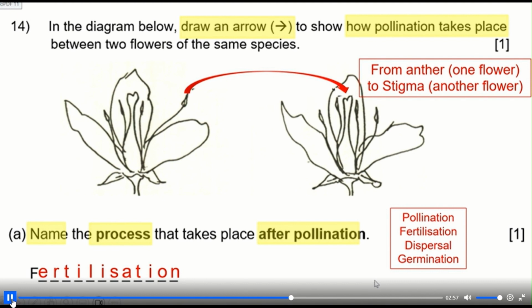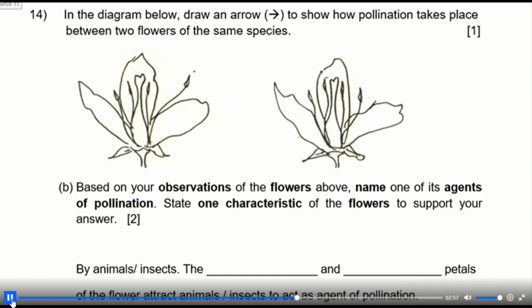Let us now look at question 14b. 14b says, based on your observations of the flowers above, name one of its agents of pollination. That means what helps it to pollinate, as well as carry the pollen grain to the flower itself. So as we see that it has large petals, the agent of pollination will be animals or insects.